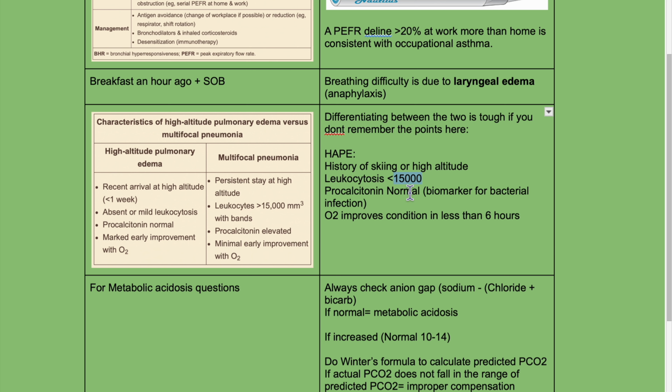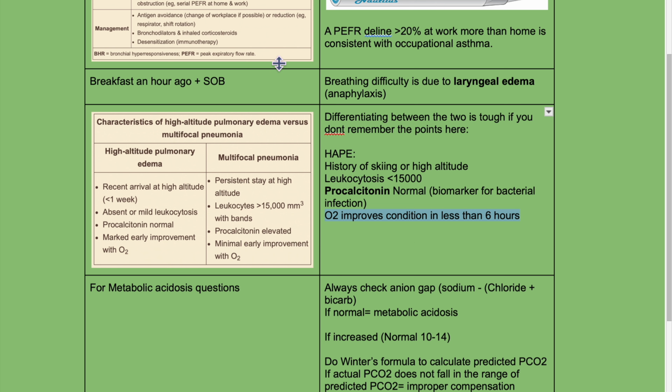Procalcitonin is going to be normal. This is a biomarker for bacterial infection, and since there's no bacterial infection, it's normal, unlike in multifocal pneumonia. O2 improves the condition in less than 6 hours. If you put them on O2, the condition is already improved within 6 hours.